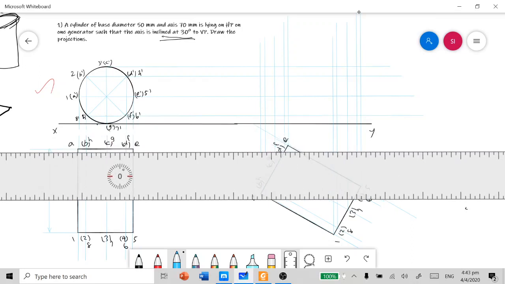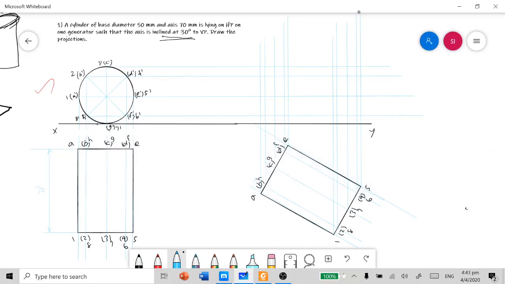For the point G dash and 7 dash, the projector will come along with the XY line, so we need not highlight it once again. And now identify the cut points, starting from the base point, that is A, B, C, D up to H. Here I can mark the final A dash, B dash, C dash, D dash, E dash, F dash, G dash, and finally H dash.